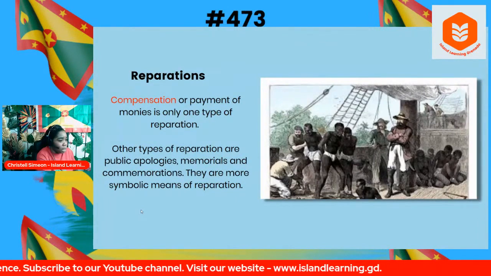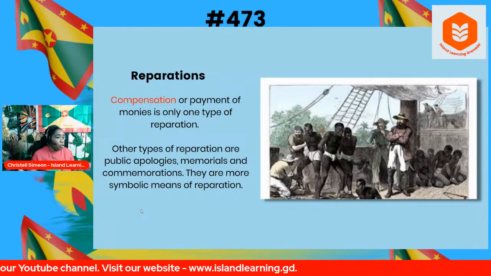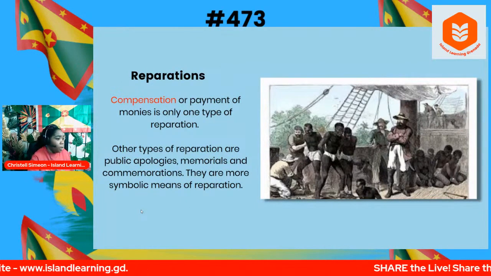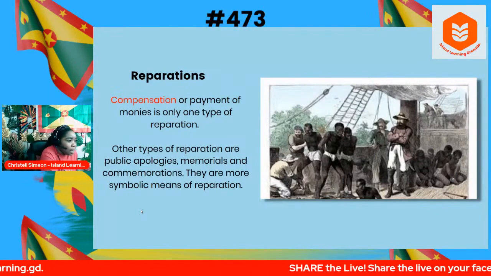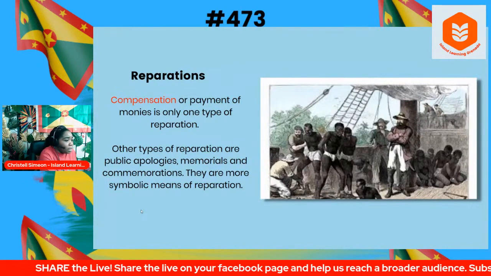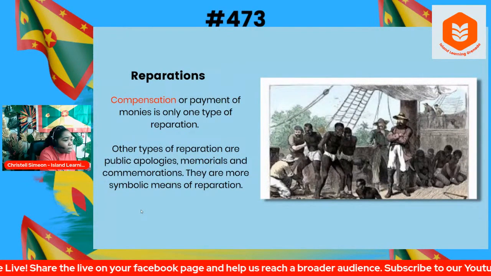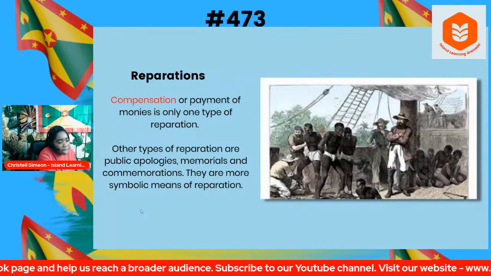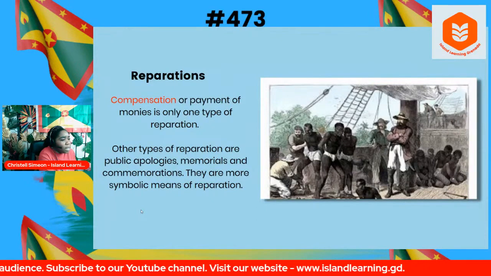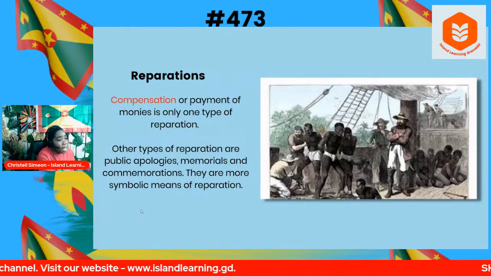Commemorations are another type of reparation, and that's usually in the form of a formal ceremony, again, where there is the honoring of the victims or the families of the victims and their descendants. So these are some examples of the more common types of reparation or restorative justice that can be done whenever there are these acts of human rights violations.